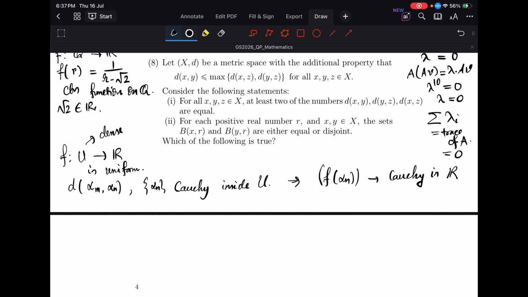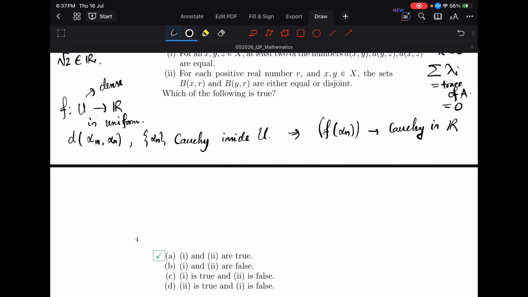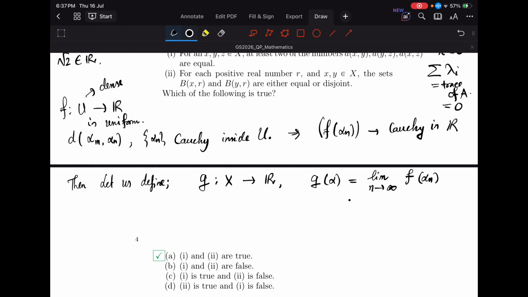If alpha n is Cauchy inside U and f of alpha n is Cauchy in R, then let us define g, a function from X to R, such that g of alpha equals the limit as n tends to infinity of f of alpha n, where alpha n are inside U and alpha n tends to alpha.